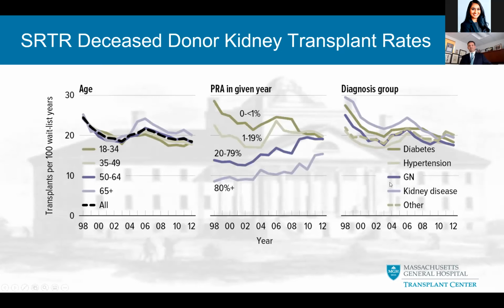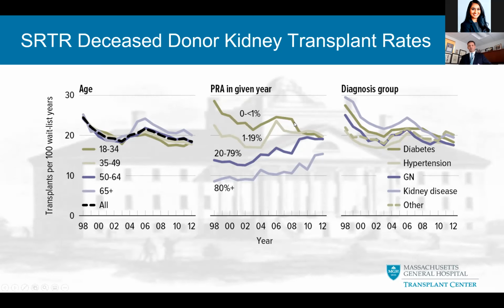And at the same time, the data showed that different age groups, as we see here on the left, and different diagnosis groups for kidney disease, as we see on the right, were getting transplants at similar rates. You see all the lines together. Patients' PRA, or sensitization, made a big difference in the likelihood of getting a transplant. So as you see here, patients with low PRA are patients who are not sensitized.